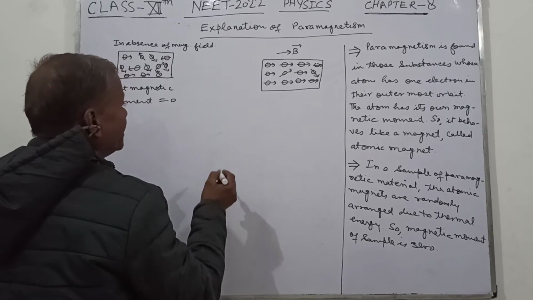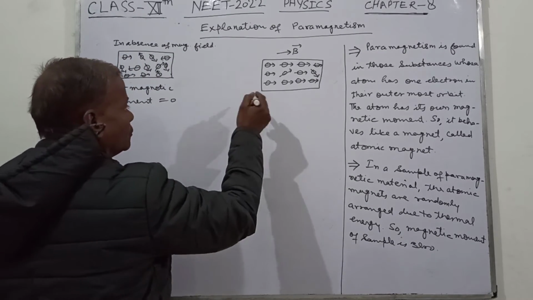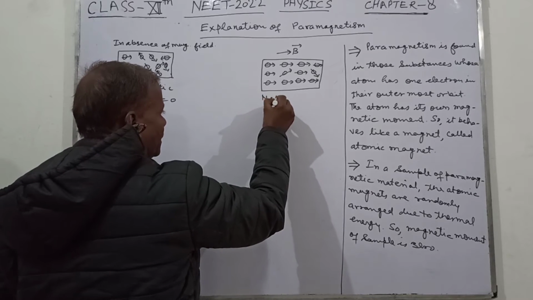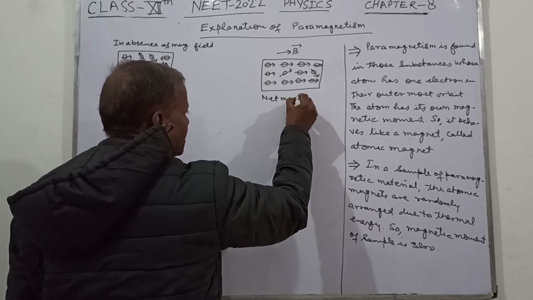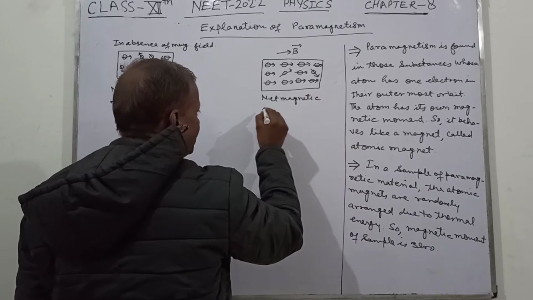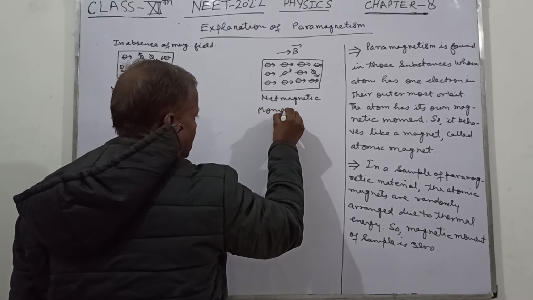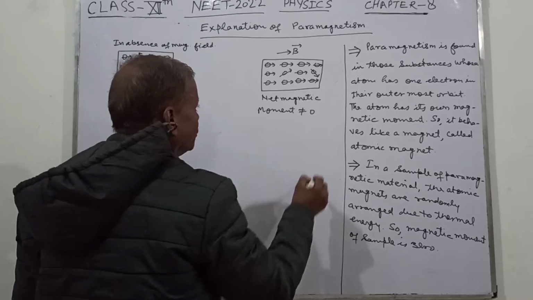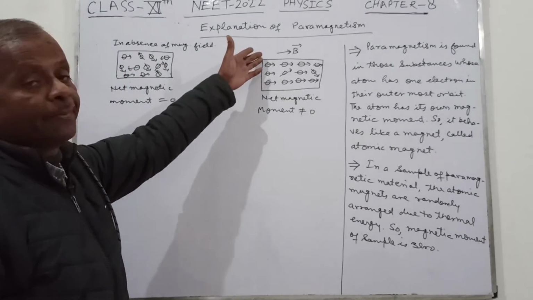So this is the net magnetic moment, and it is not equal to 0. This is when we have applied the magnetic field.